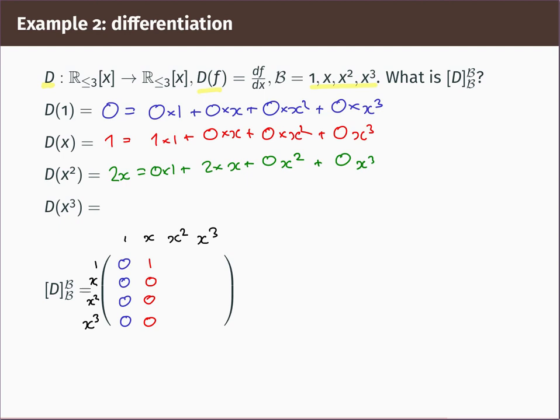So that tells us the third column is (0, 2, 0, 0). And finally, let's do D of x cubed. That's 3x squared. I'm not going to write them all out this time. This is 0 times 1 plus 0 times x plus 3 times x squared plus 0 times x cubed. So there is the matrix for our linear map D with respect to the basis B.